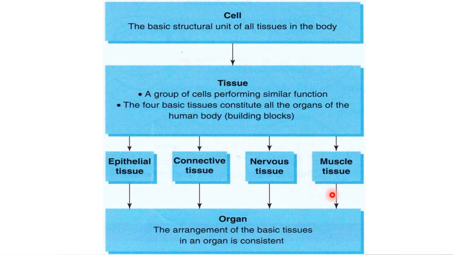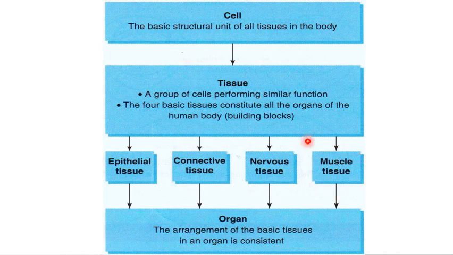By contracting, this tissue moves the parts of the body and also moves the solids, fluids and air along the GIT, CVS, that is the cardiovascular system, and the respiratory system. The movement of the muscle which is causing the movement of these structures is called peristalsis. We'll come to know about all these things as we progress in our lessons.